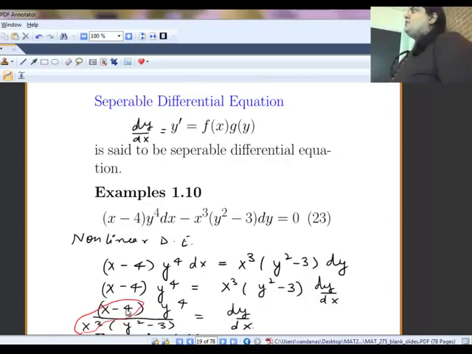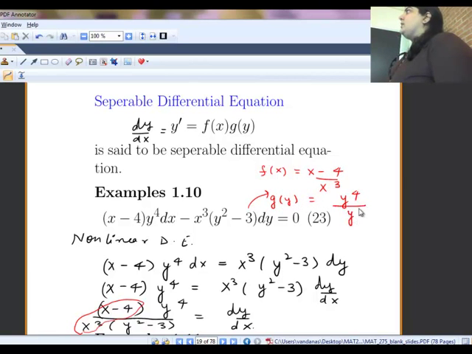It's a product. x minus 4 divided by x cube is f of x, and y to the power 4 over y square minus 3 is g of y. So my function f of x for this problem is x minus 4 divided by x cube, and function g of y will be y to the power 4 divided by y square minus 3. Is that okay?